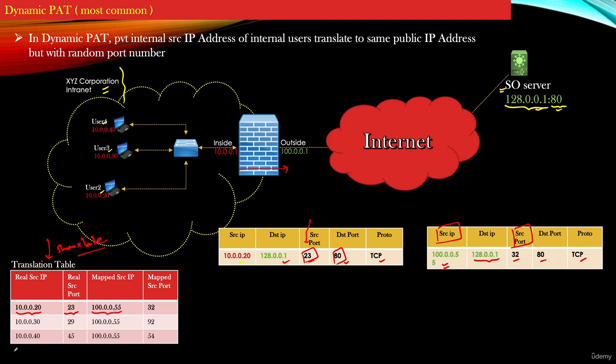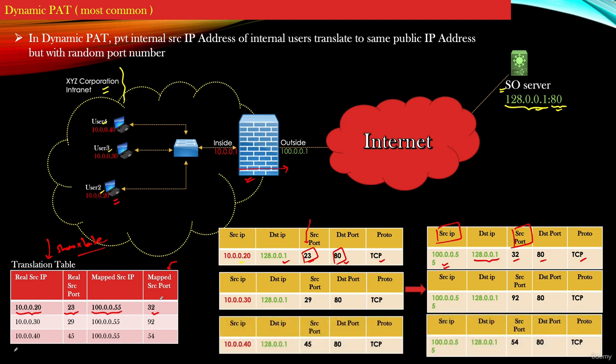The source IP address of the packet has been changed to the public address 100.0.0.55, and the source port number of the packet is changed from 23 to 32, right? So remember, 23 was the port number that was dynamically generated by the user 2 machine, whereas 32 is the port number that is dynamically generated by the firewall, right? So this table keeps track of what packet came and what has changed in the packet after translation.